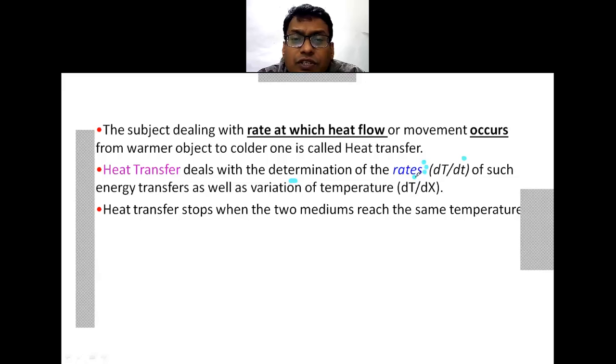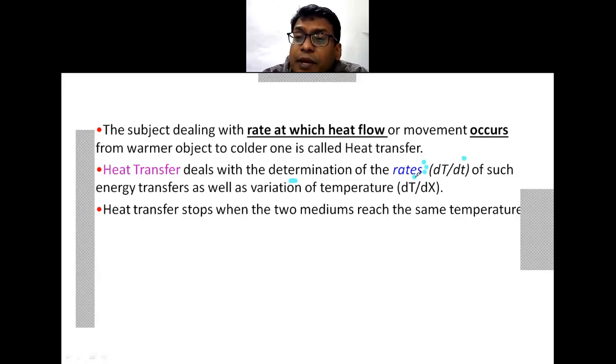So heat transfer stops when two mediums reach the same temperature. That is, the equilibrium has been attained. Then there will be no heat transfer taking place.